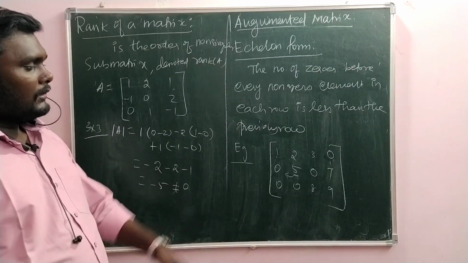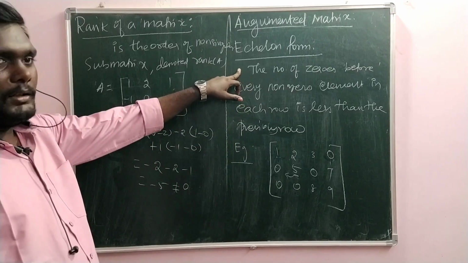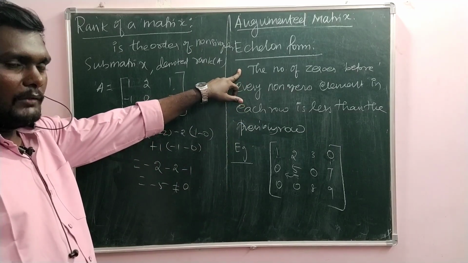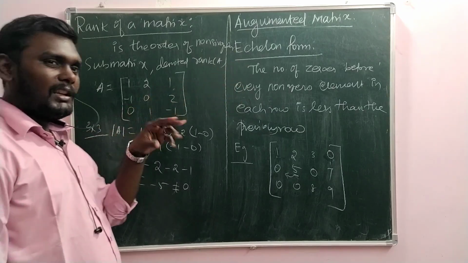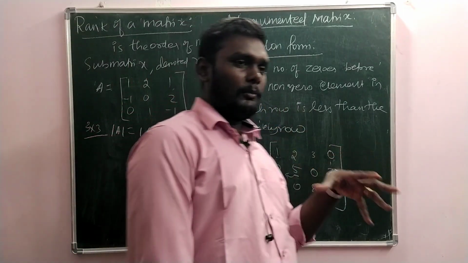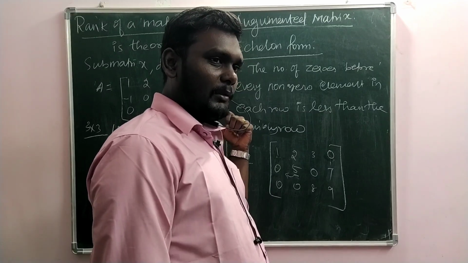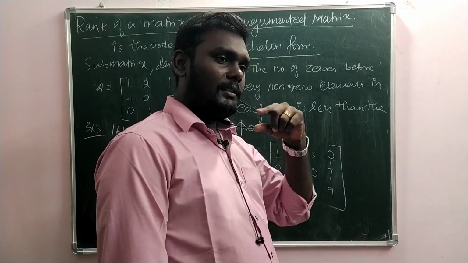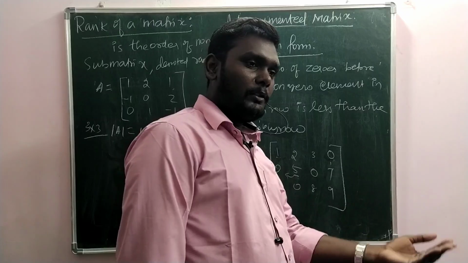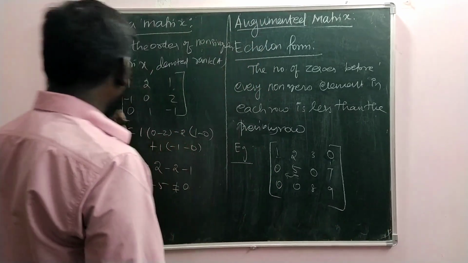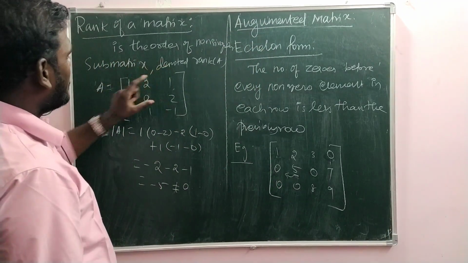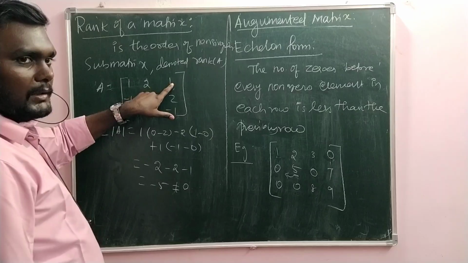But mostly we will try to obtain an echelon form. If a square matrix is given, you can go with this idea, but as we discussed, it takes so much time, because here the 3 by 3 itself is not equal to 0. Suppose this 3 by 3 becomes 0, then we should get all the possible 2 by 2 matrices. It is not only this batch and this batch; the first and last can also be combined.